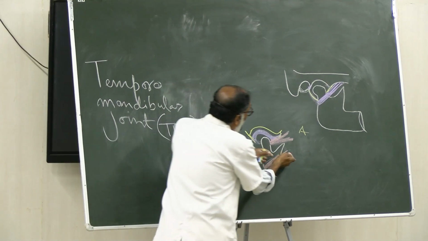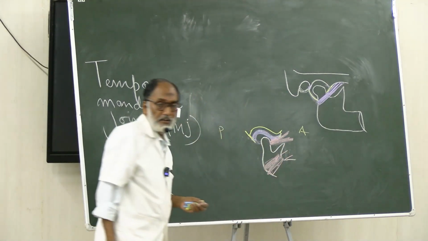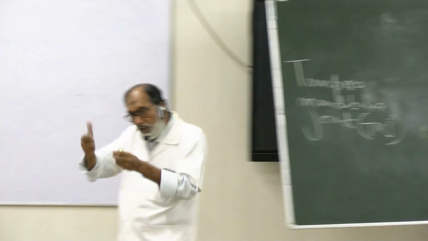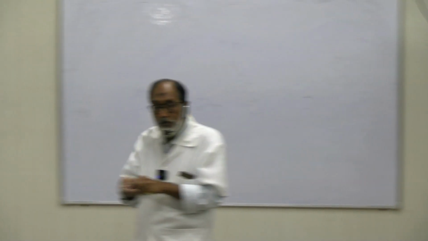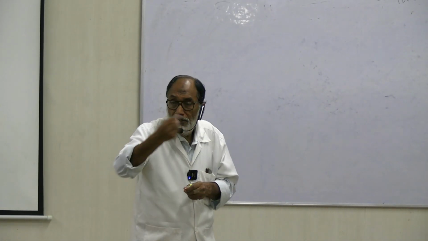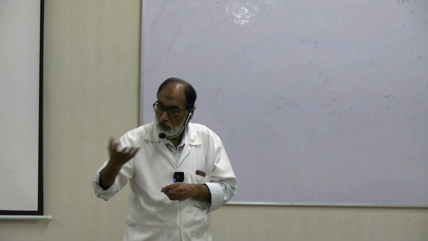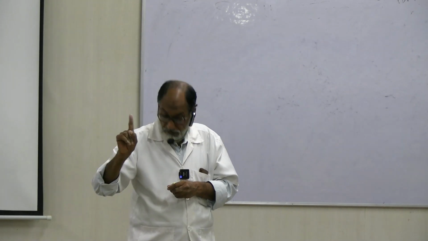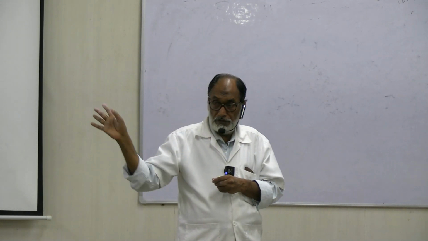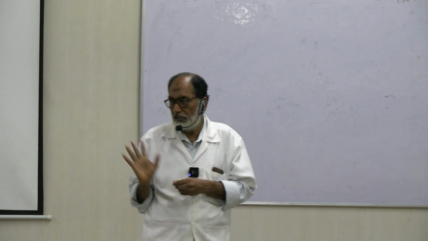So medial pterygoid and lateral pterygoid, if they contract jointly, they will protract the head of the mandible. So protraction is done by the pterygoids. Pterygoids mean medial pterygoid and lateral pterygoid.